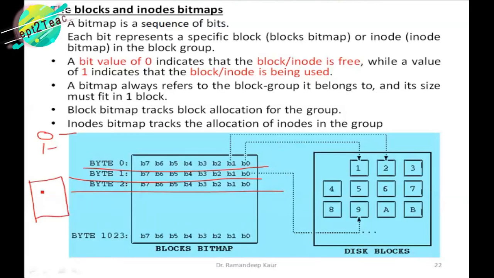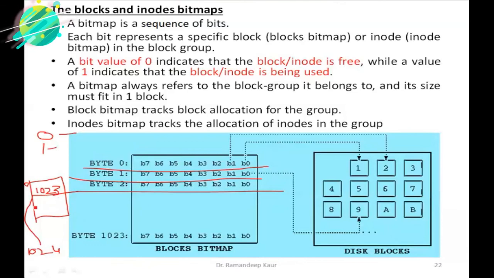That means if this is your main memory, then from location number 0 up till location number 1023, this will have your information with respect to your booting. After this, that means from byte number 1024, this is your 1024 byte number.